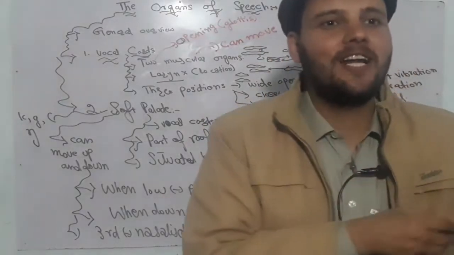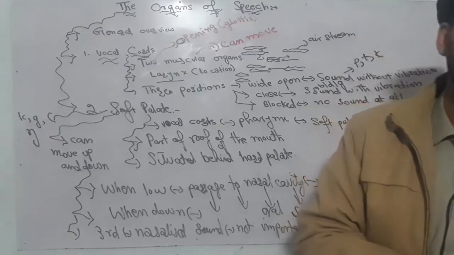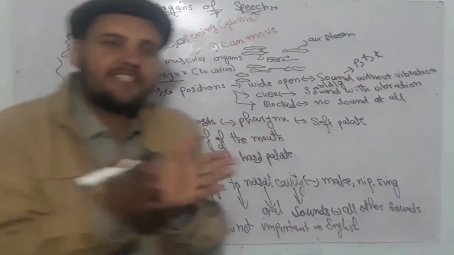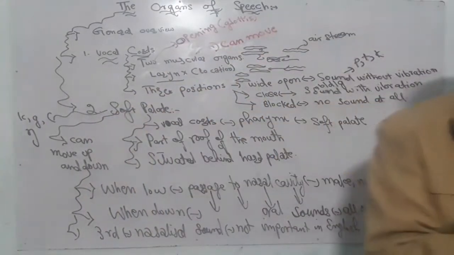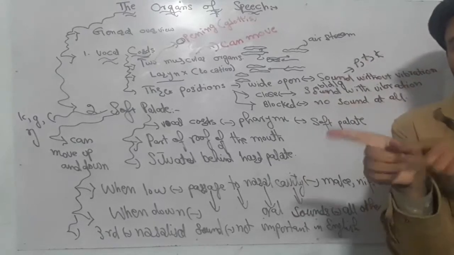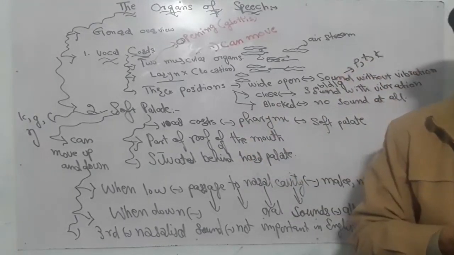We call this competition the vibration. So in the first position, the vocal cords completely connected, completely blocked the way, the sound was not produced, and English phonetics and phonology was not interested in that.